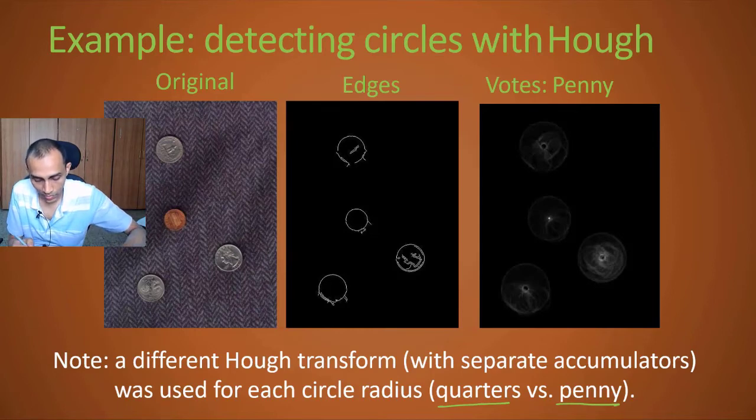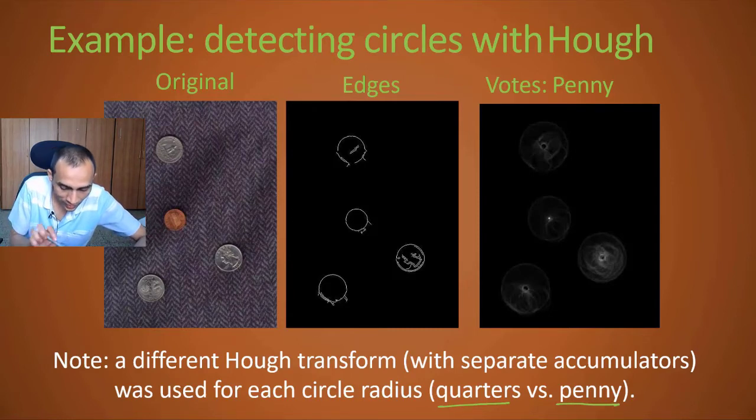So you still get some response. For example, not a focused peak, but you get some kind of a response. What will happen basically is, because the radius of the penny is smaller, different pennies can fit into a quarter.